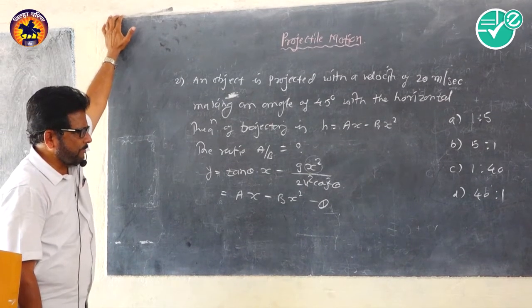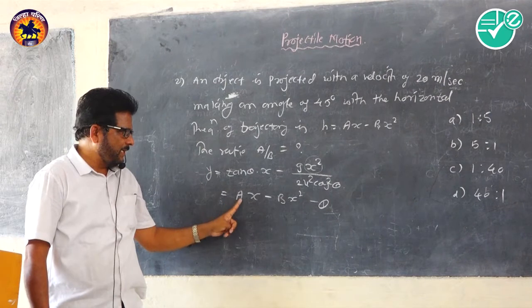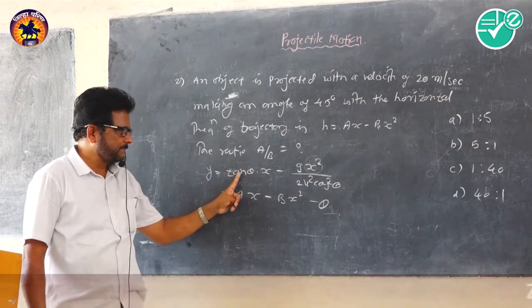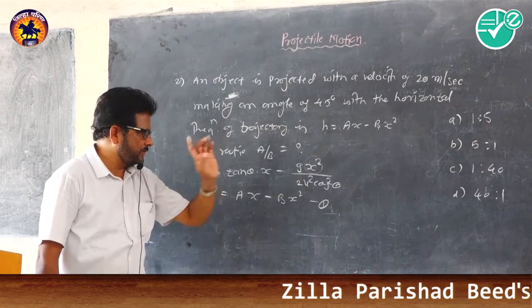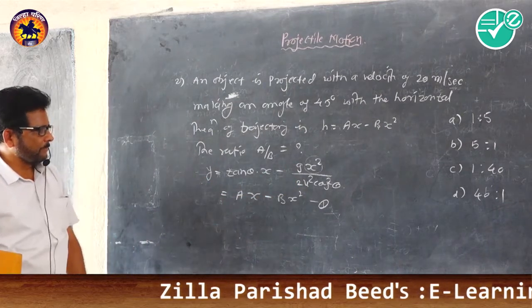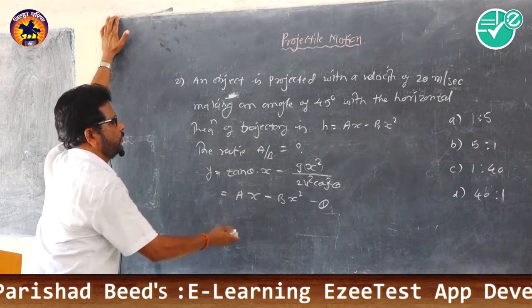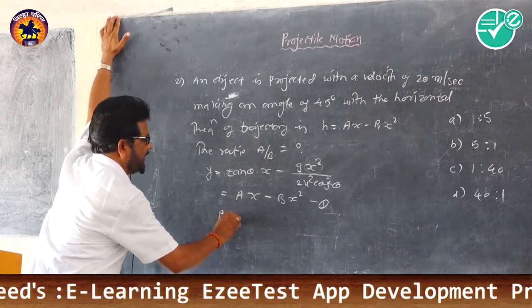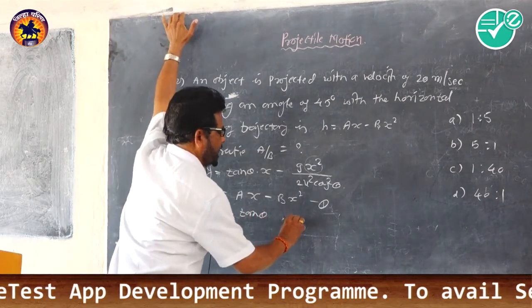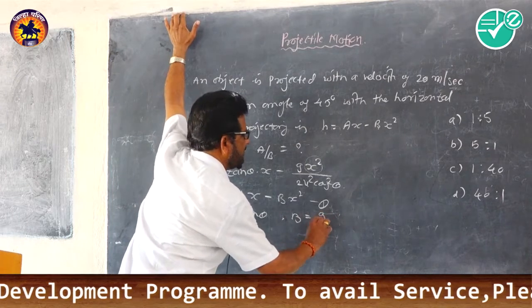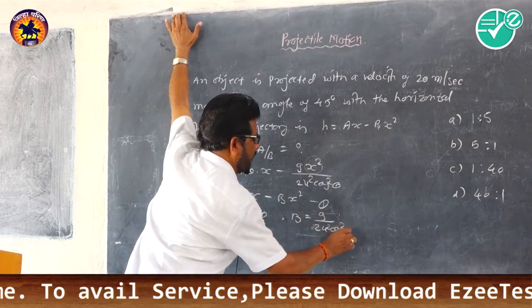Comparing these two equations, a is equal to tan theta and b is equal to g upon 2 u square cos square theta.